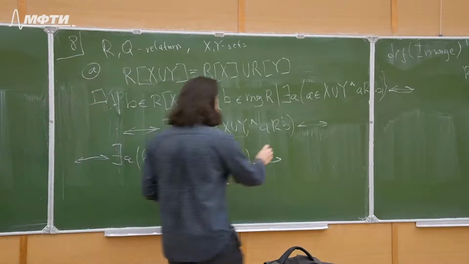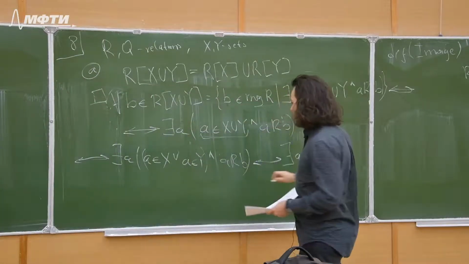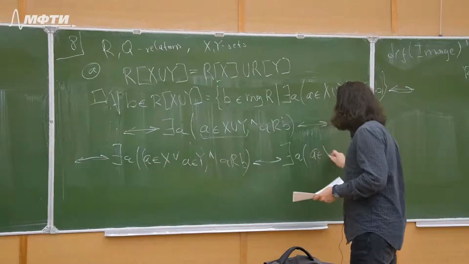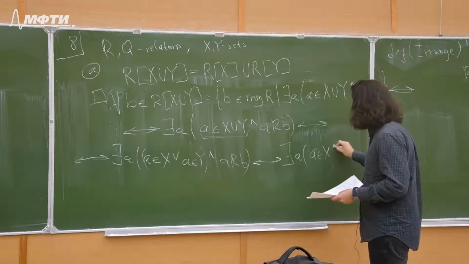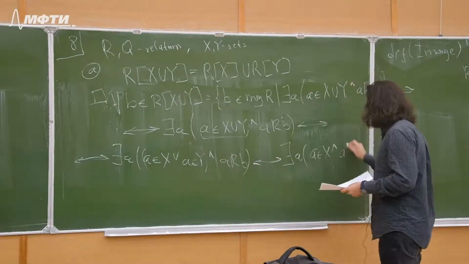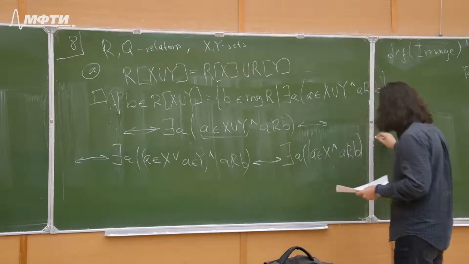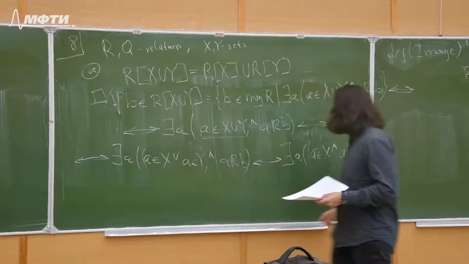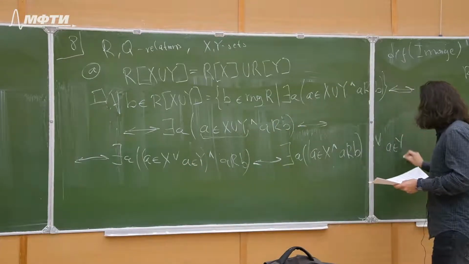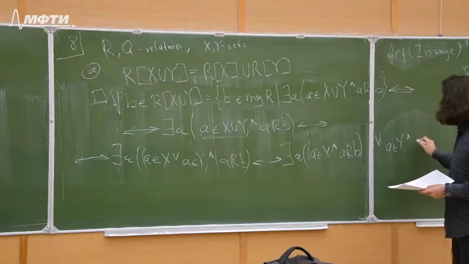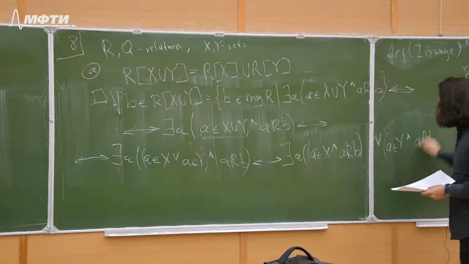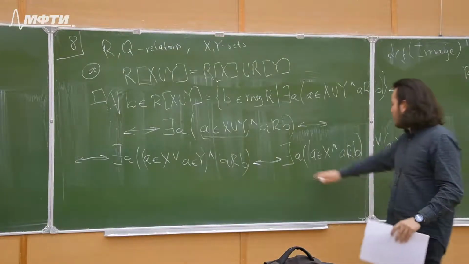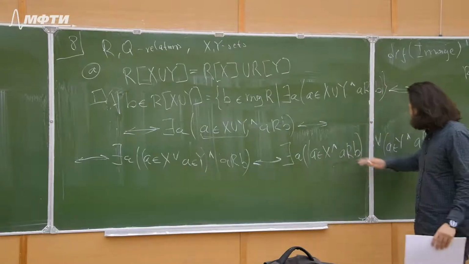So we have that there exists some A such that A is in X and A R B, or A is in Y and A R B. Okay, so we have that there exists A with this and with this.